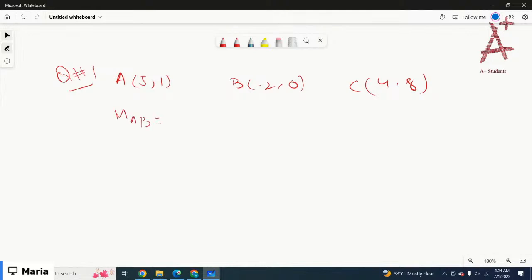First we have to calculate the midpoint: (5 minus 2) over 2 is 3 over 2, and (1 plus 0) over 2 is 1 over 2.